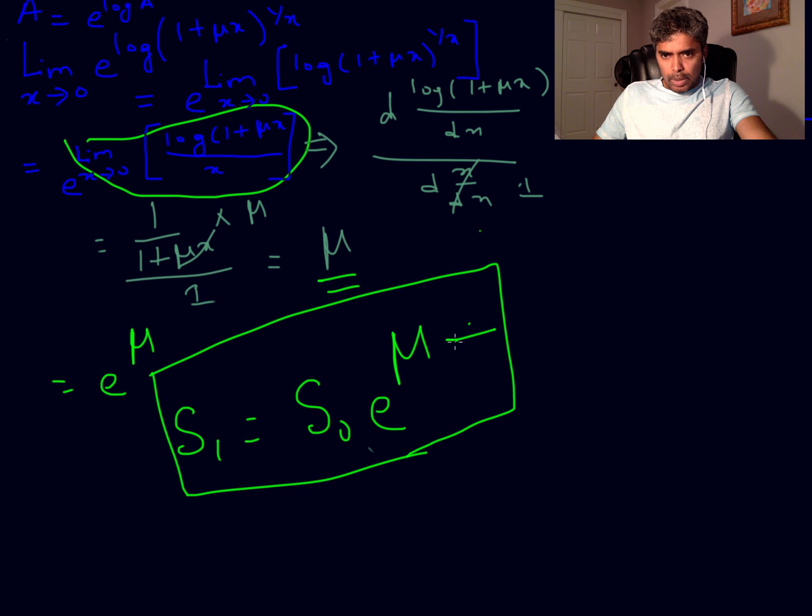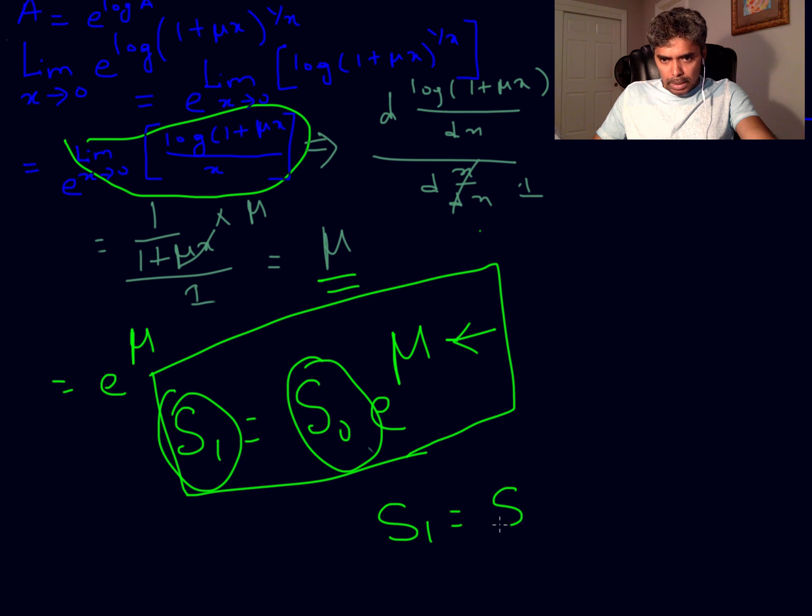Mu is the annual rate, and S0 is the initial investment. At the end of the year, at the end of the first installment, the return is going to be S1, which is nothing but S0 e to the power mu, which means as mu increases, it is going to have exponential growth.